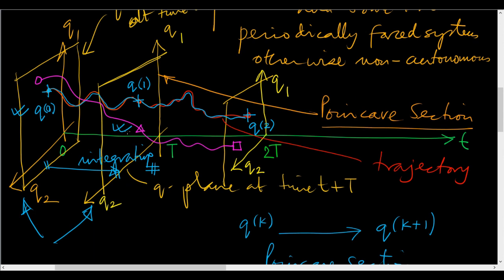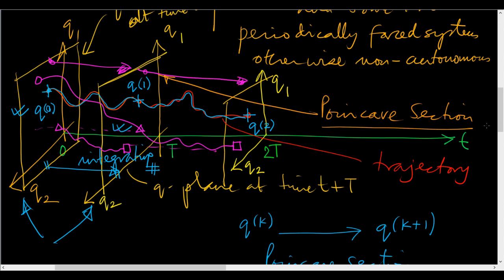Now if I were to take this same triangle, well, maybe here, then if I let it evolve, it will come to the same location as the square. This is because the evolution from here to here is the same as the evolution from here to here.